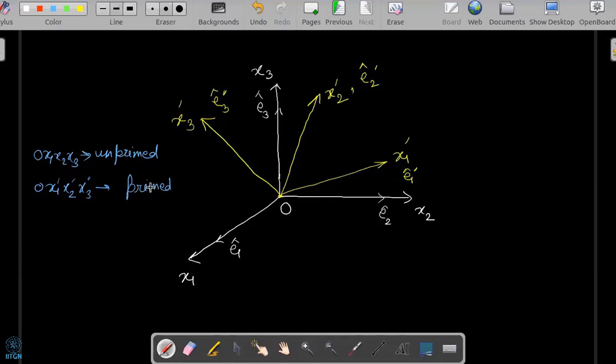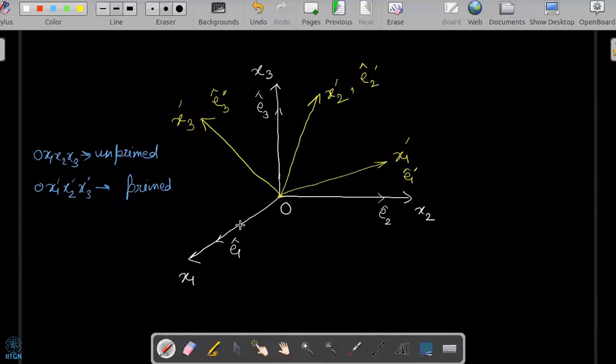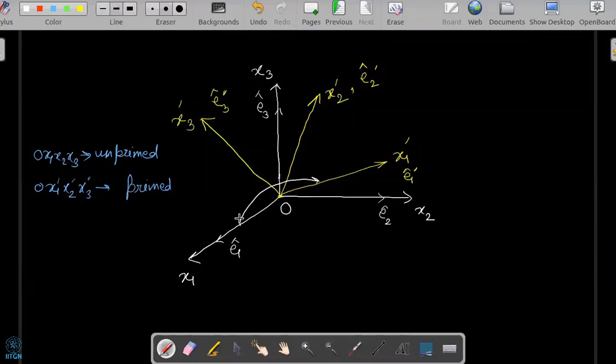So x1 dash is making an angle with x1, with x2, and with x3.